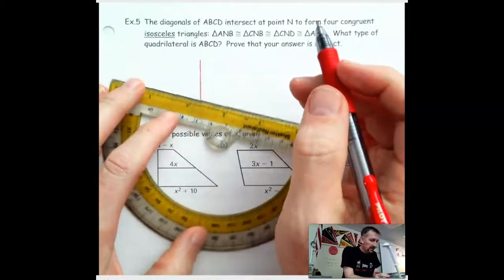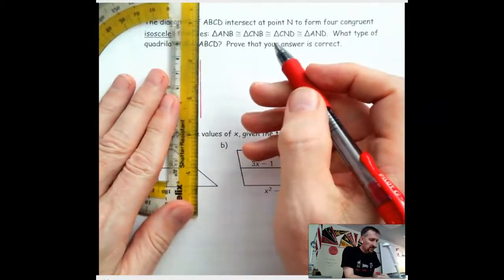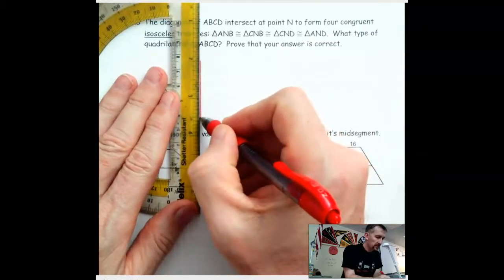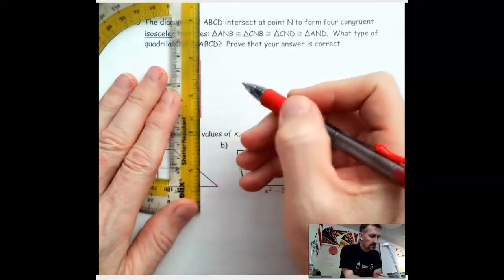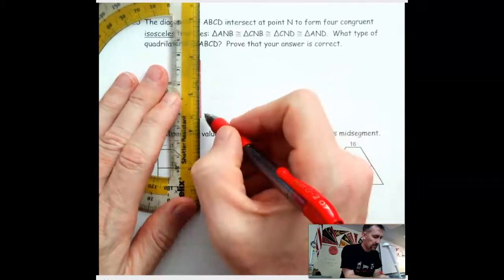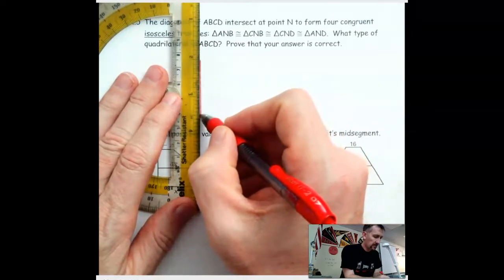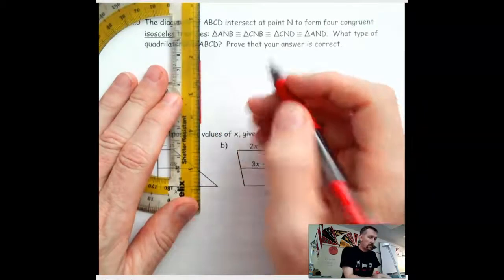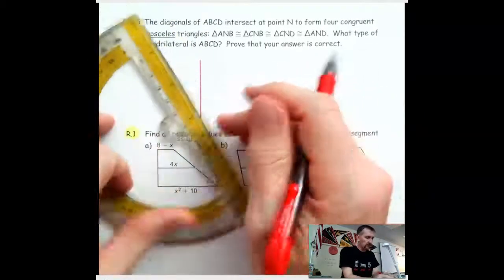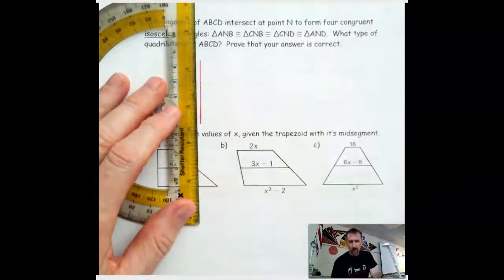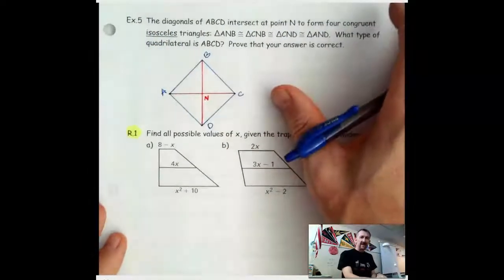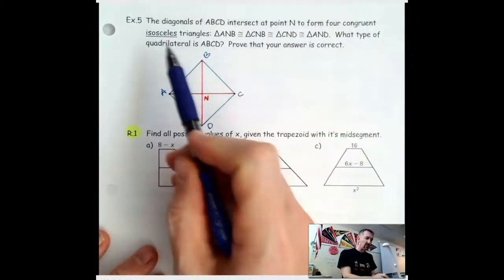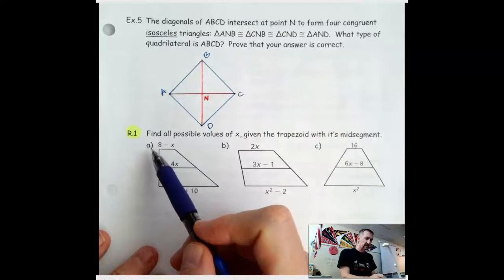So the diagonals of quadrilateral ABCD intersect at point N to form four congruent isosceles triangles.